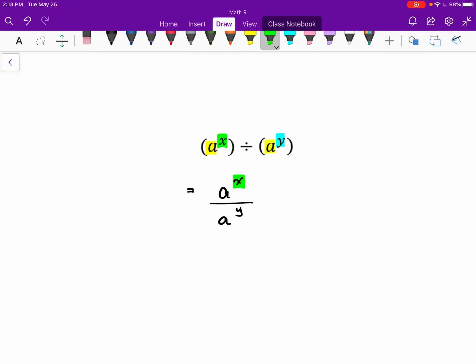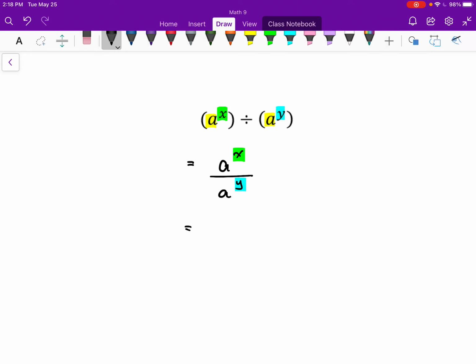These are just two different ways of saying the same thing. But what's the exponent law? If I want, I can write this as just a to the power of x minus y. So it doesn't matter if I think of it as a division symbol or as a fraction. It's all the same thing. Anytime I'm dividing powers of the same base, I can subtract my exponents. And that's what this is really saying here.